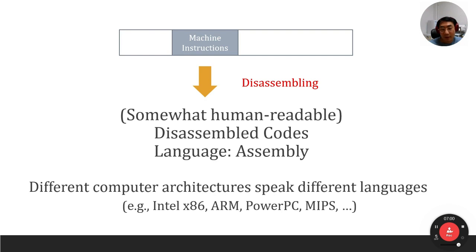So if you have an executable for running under an x86 machine, then ARM architecture cannot understand what you are talking about. So an x86 executable cannot be run under the ARM or PowerPC architecture because of the language.